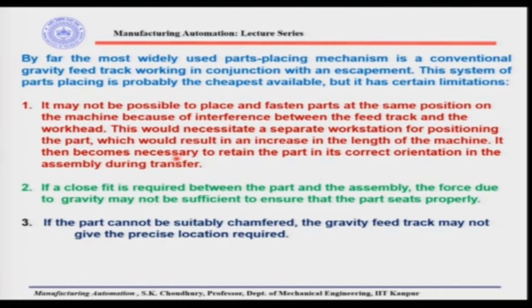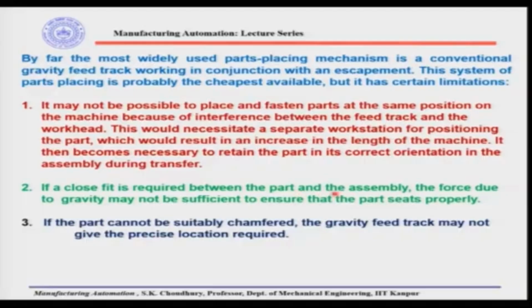It then becomes necessary to retain the part in its correct orientation in the assembly during the transfer. These points have to be kept in mind, because they are important in deciding what kind of part placing mechanism and what kind of escapements you should have, and so on.